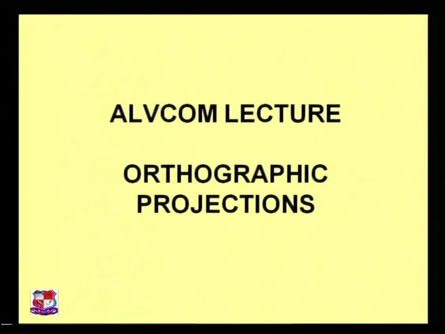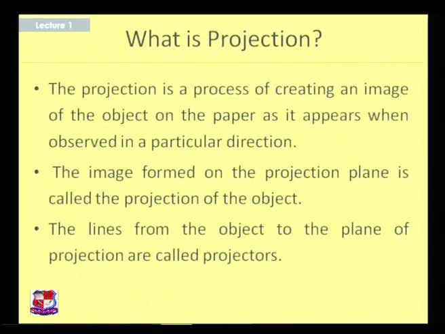Now first of all, what is the meaning of projection, and why is it needed? Projection is the process of creating an image of the object on paper as it appears when observed from a particular direction.